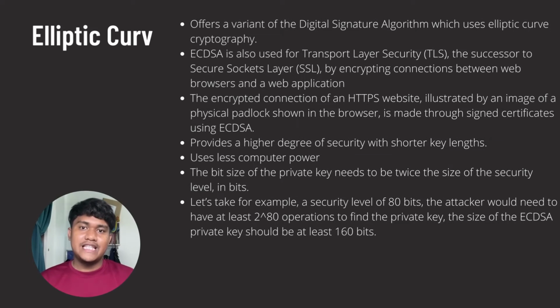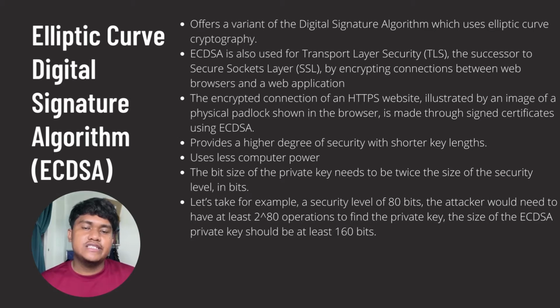Next, we talk about the Elliptic Curve Digital Signature Algorithm. ECDSA is a variant of the Digital Signature Algorithm which uses elliptic curve cryptography. ECC is also used for Transport Layer Security, the successor to Secure Socket Layer, by encrypting the connection between web browsers and a web application.